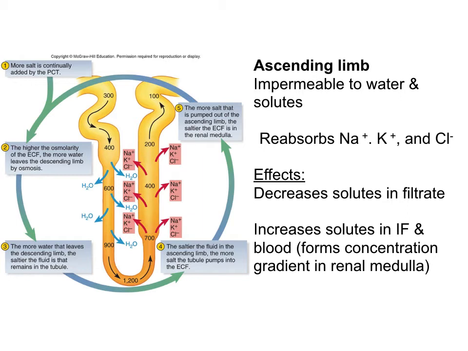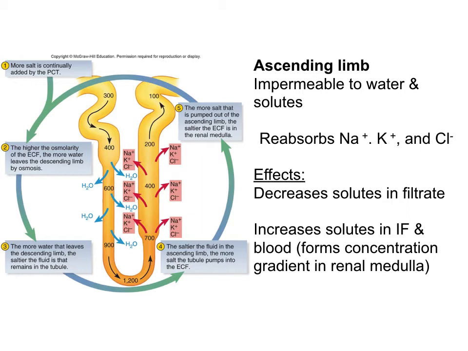And what this is going to do is decrease the amount of solutes in your tubular fluid, and at the same time increase the amount of solutes within the interstitial fluid of the kidney and also in the blood. Most importantly in the interstitial fluid, it's going to create a concentration gradient in your renal medulla.